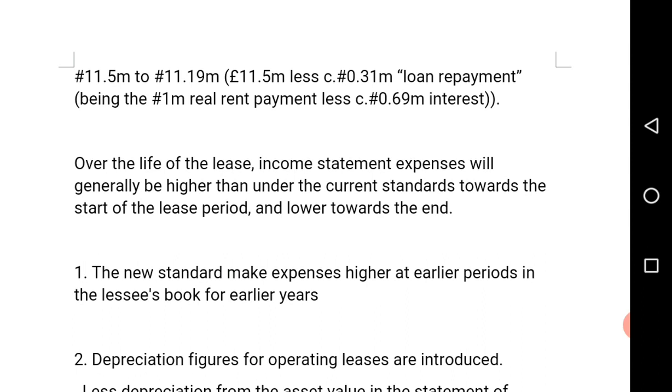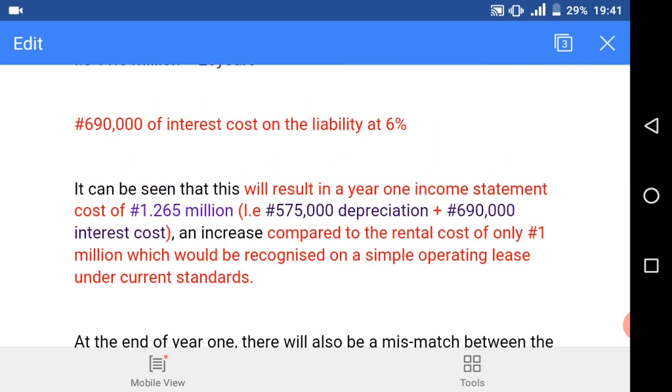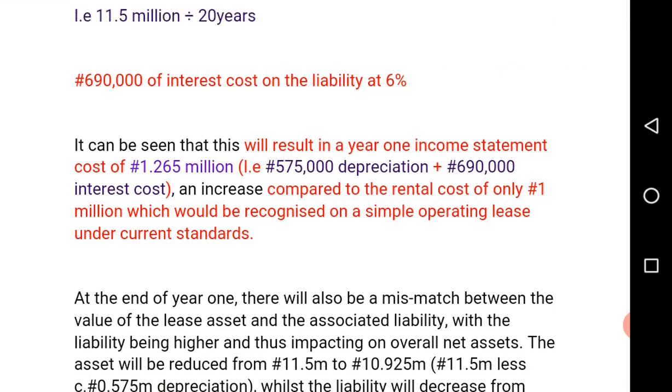statements. So it says over the life of the lease, income statement expense will generally be higher than under the current, that should be previous standards, towards the start of the lease periods and lower towards the end. So we talked about that here. The current standard has a cost of 1.265 million at year one, while the previous standard IAS 17 has 1 million as cost in year one.